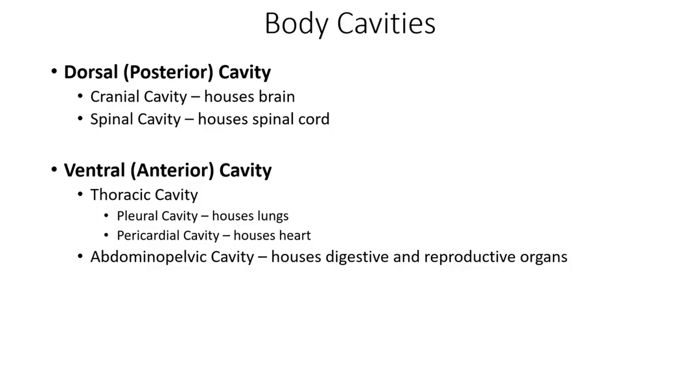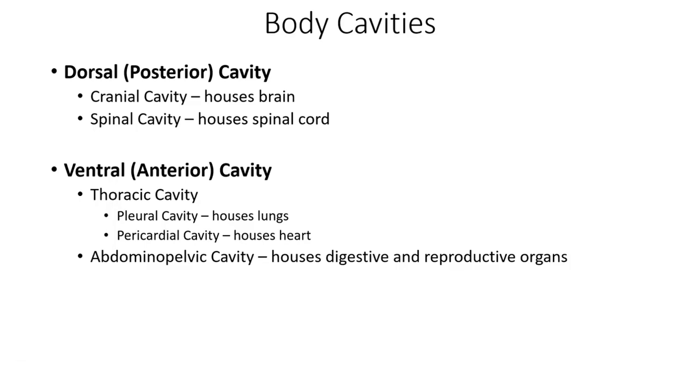All right, body cavities. So the dorsal or posterior body cavity. This is a very small body cavity. It is going to include the sub-pieces of the cranial cavity and the spinal cavity. Cranial cavity is going to hold the brain. The spinal cavity is going to have the spinal cord.